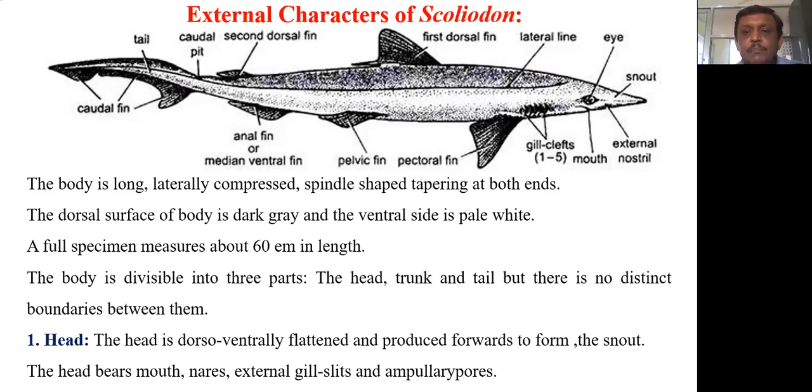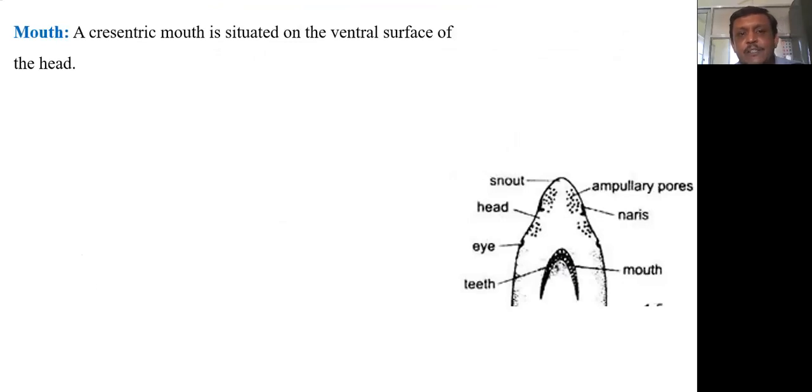First we start with the mouth. The mouth is a crescentic opening situated on the ventral surface of the head. The diagram is shown from the ventral side. It is bounded by upper and lower jaws.